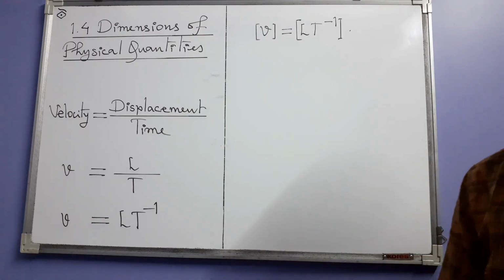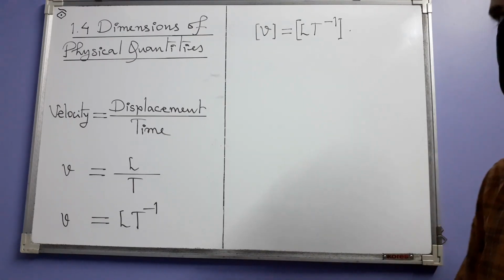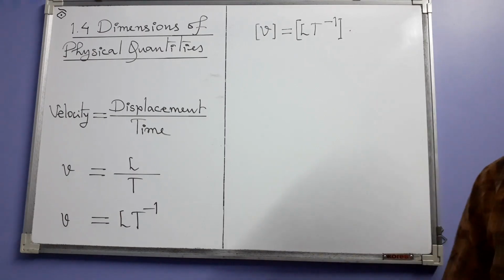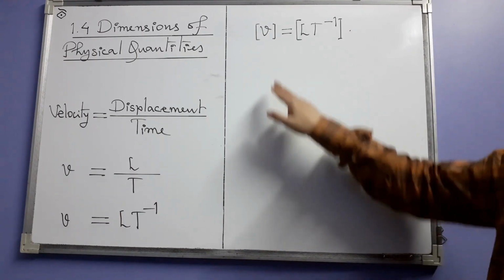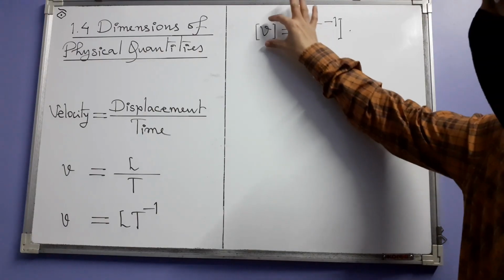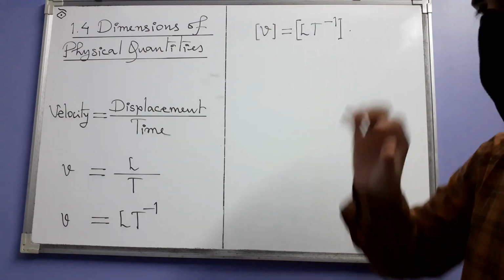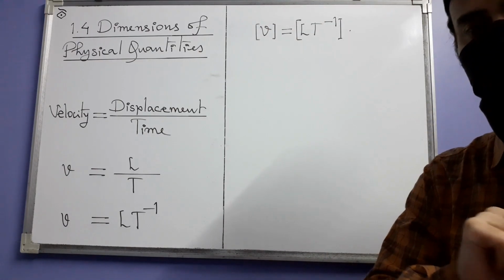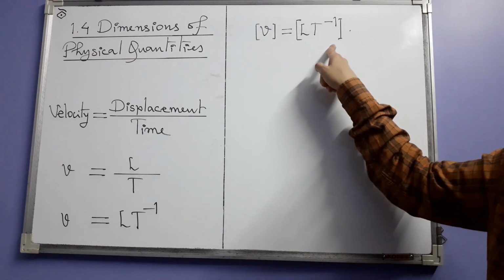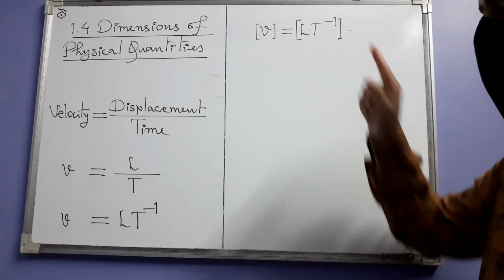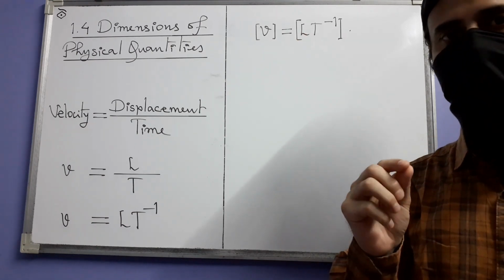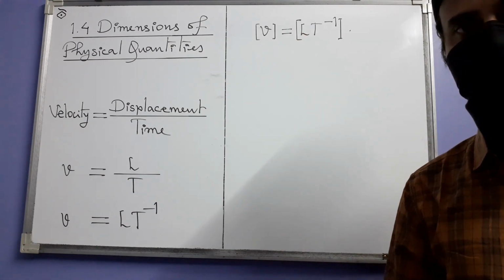Instead, James Clerk Maxwell suggested that we use square brackets whenever we are talking about dimensions. So the meaning of this equation is that this is the dimension of the quantity velocity, which is this. So it tells us how velocity is related to the base quantities length and time.